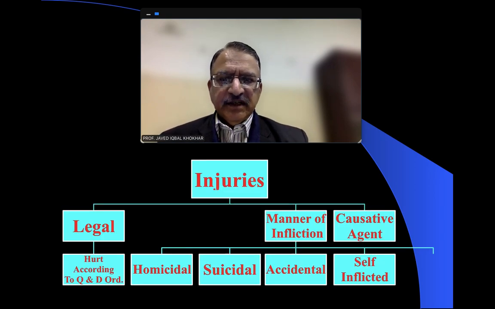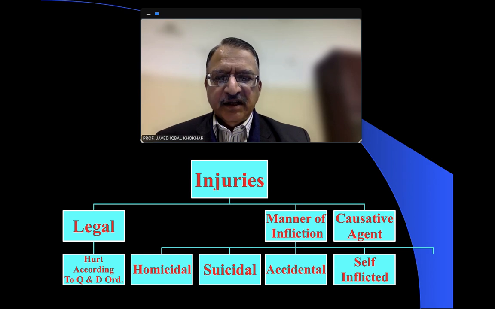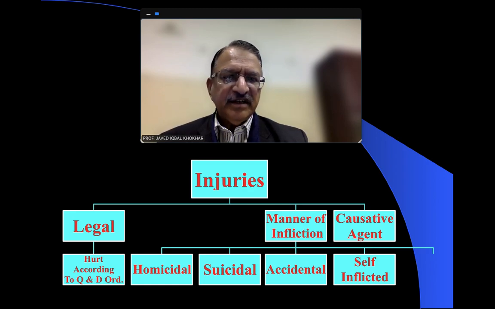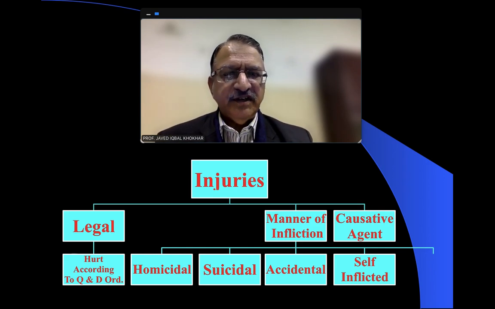So injuries legally are under the hurt of Qisas and Diyat law, and on the manner of infliction they can be homicidal, suicidal or accidental, and on the basis of the causative agent they can be classified according to a single causative agent or multiple causative agents.